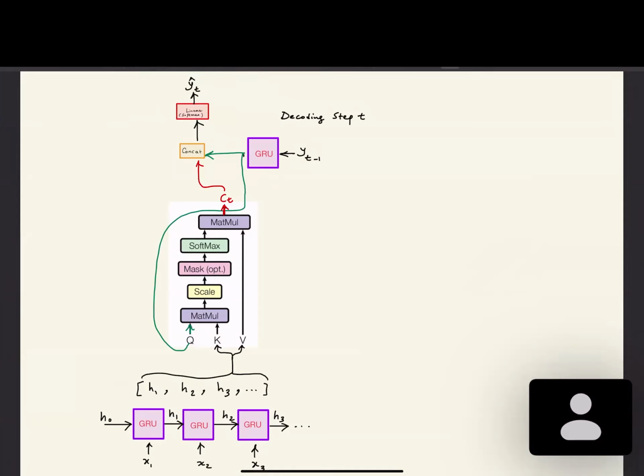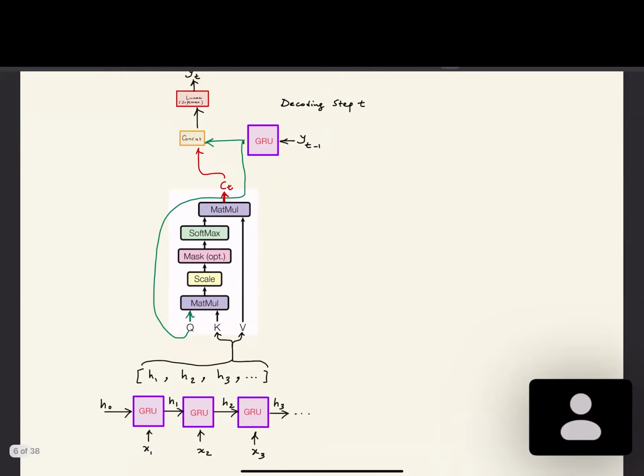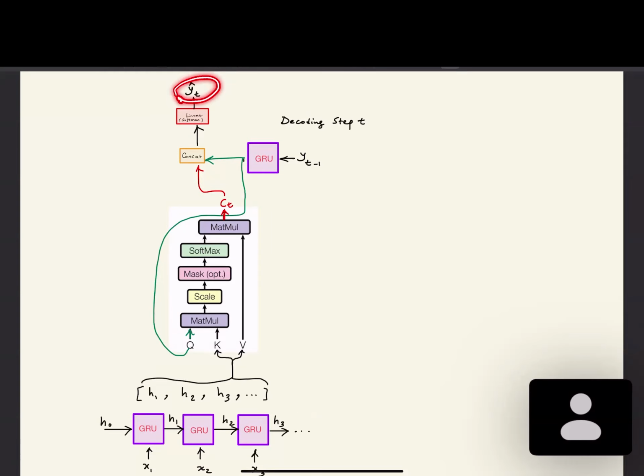Last lecture, we solved the sequence-to-sequence bottleneck problem using the cross-attention mechanism, where we built an attention-augmented RNN, where the encoder RNN here processes the source sequence to build a memory bank H1 to HT. The decoder RNN generates the target sequence step by step.